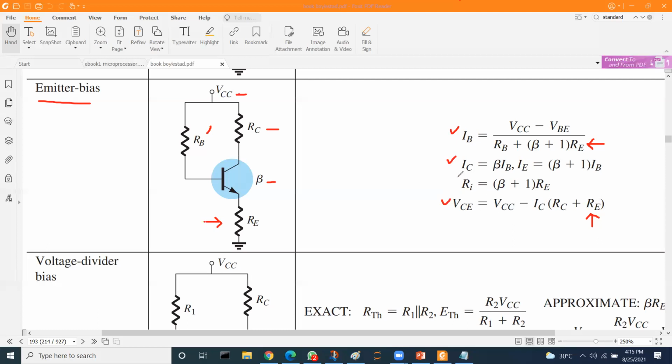There is one more thing which is written here: the input resistance Ri, which is primarily due to the presence of this RE. So this is the formula for the input resistance, which is new in this configuration.